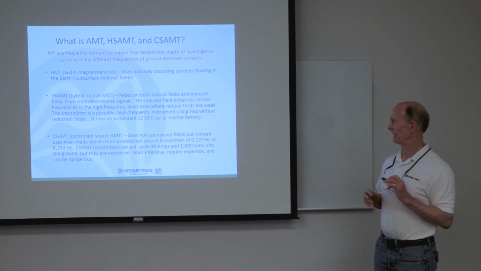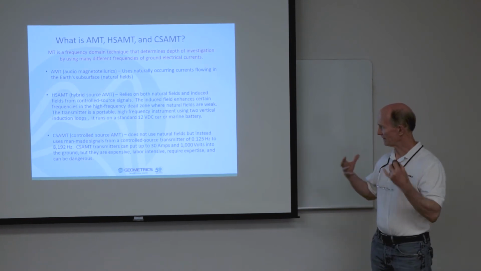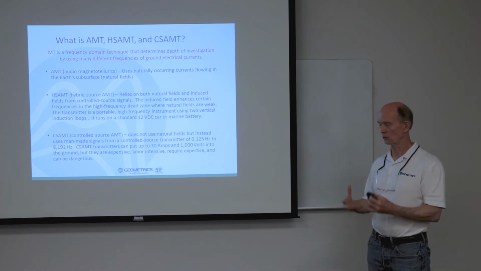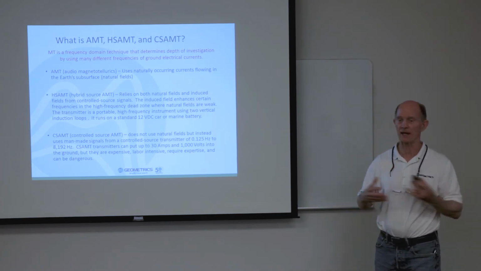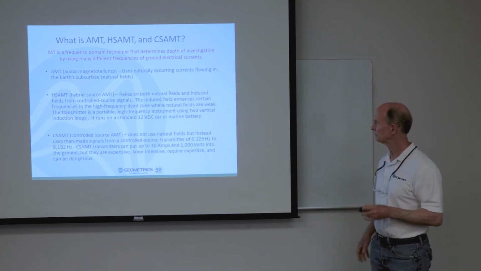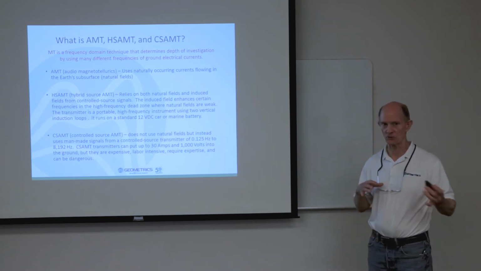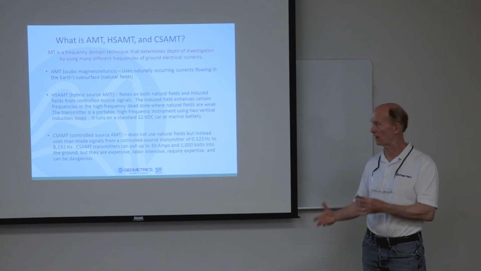in the AMT band. And they create currents flowing in the ground, and these currents create both electric and magnetic fields. And by measuring these fields, we can get a ground resistivity.